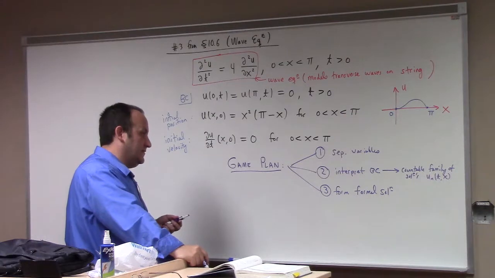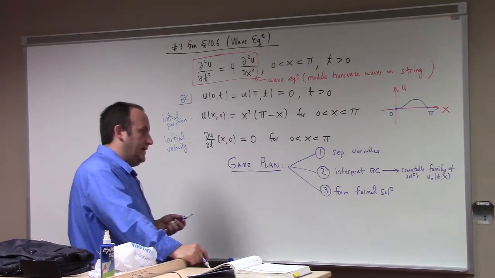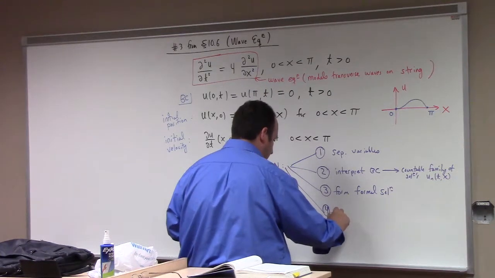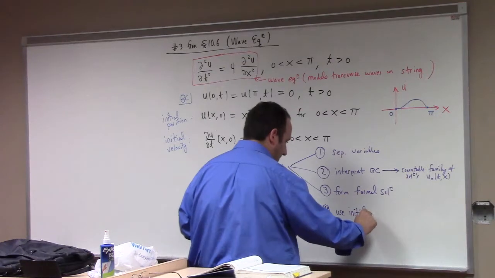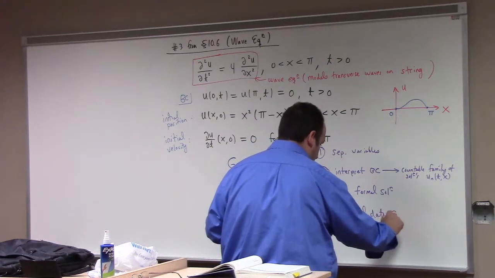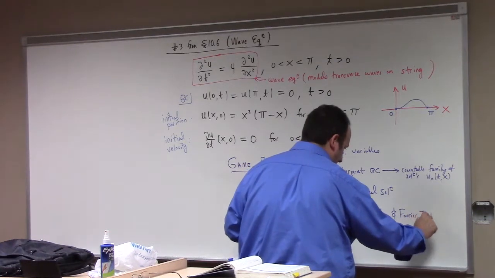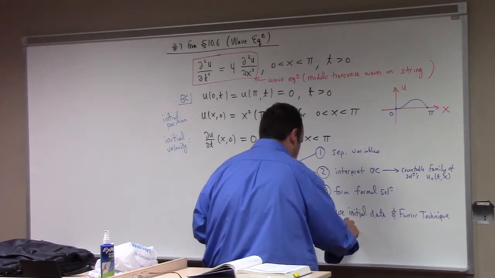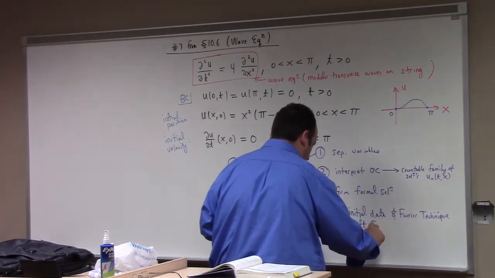Then we're going to form a formal solution by taking a series of these solutions, right? And then step 4 is going to be to use initial data and Fourier technique to draft the final solution.